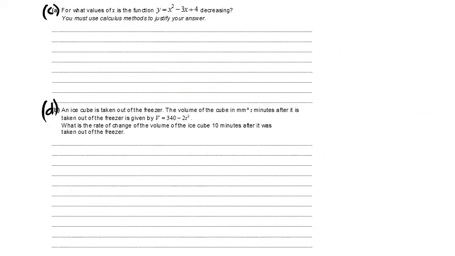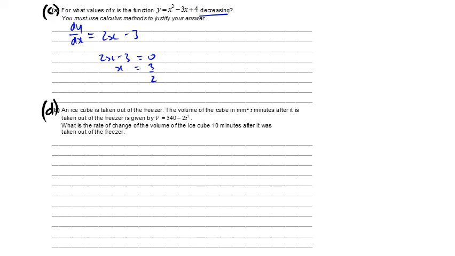So for this one, where is it decreasing? Now, for some of you, it was good because I saw a lot of people going dy by dx equals 2x minus 3. And then what you did is went 2x minus 3 equals 0, so x equals 3 over 2.